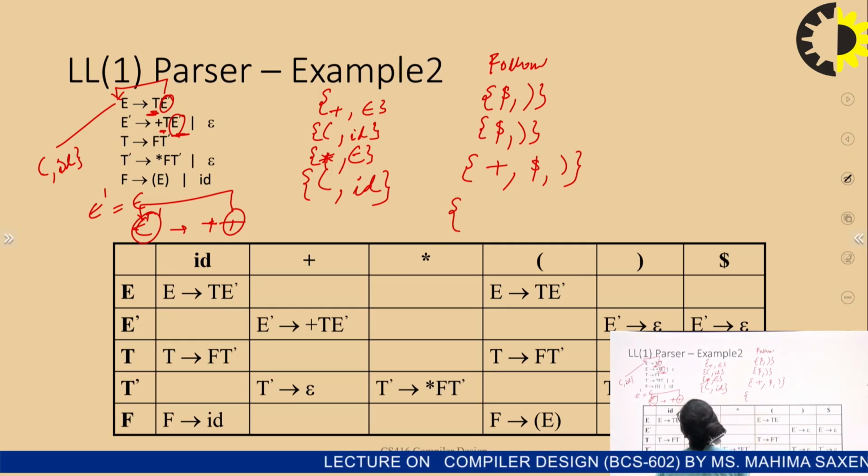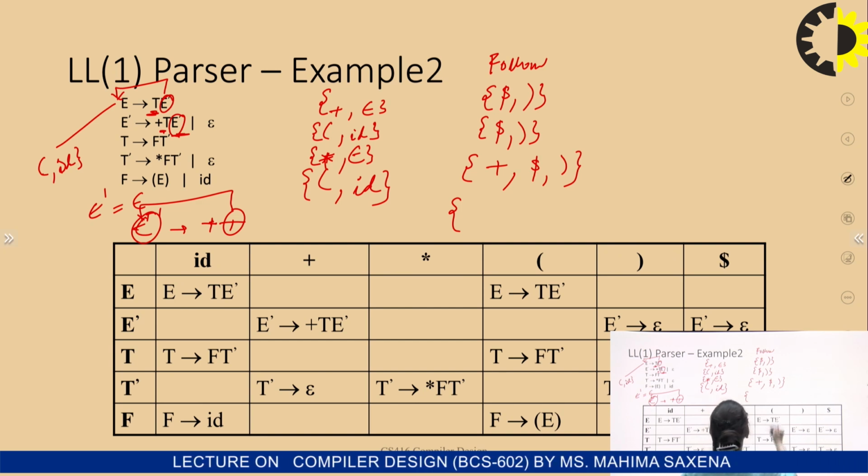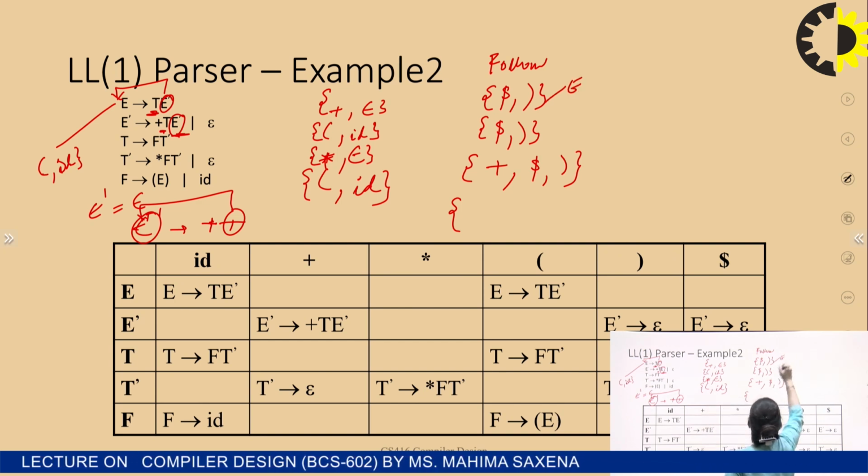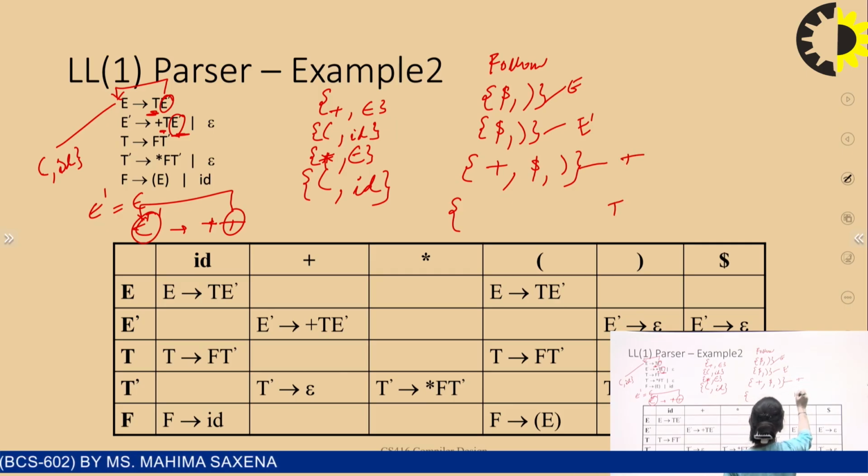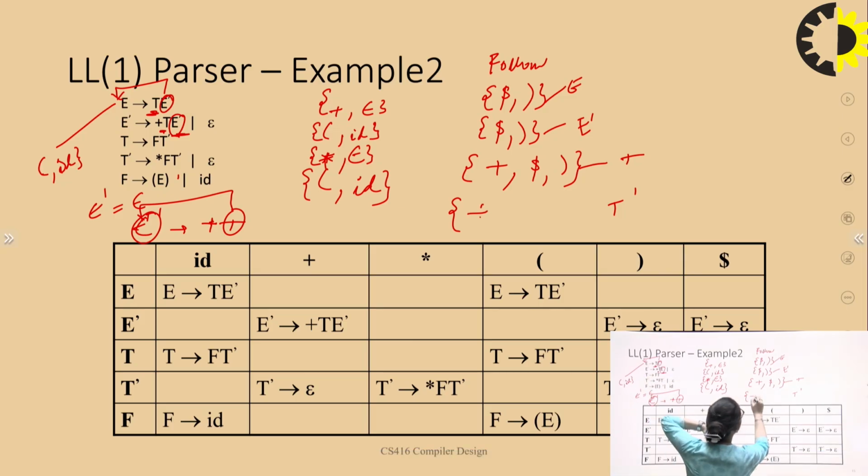Right, now I need to calculate; this is for E, this is for E dash, and this is for T. Now this is for T dash. T dash is here and here. The follow of T is the same. Dollar, right? T dash. And what is the follow of F?